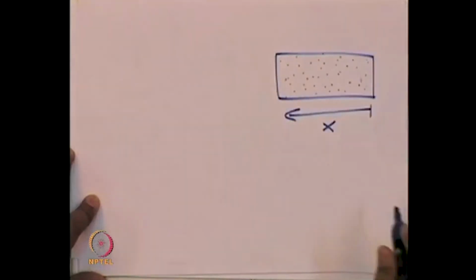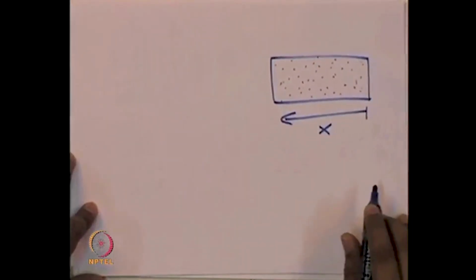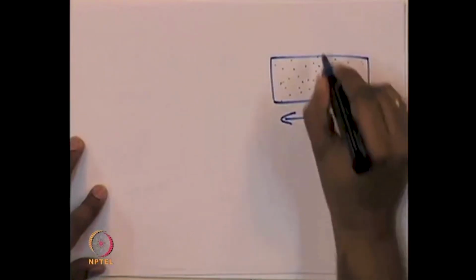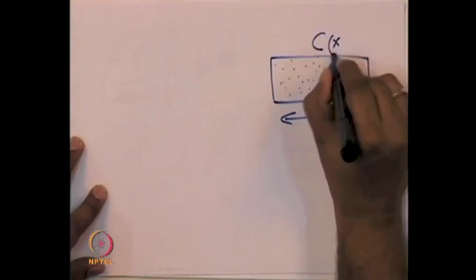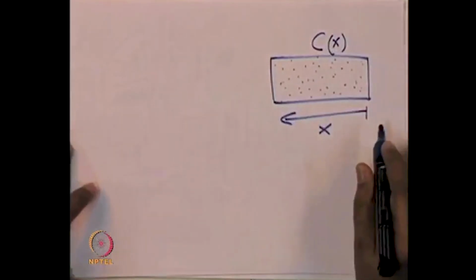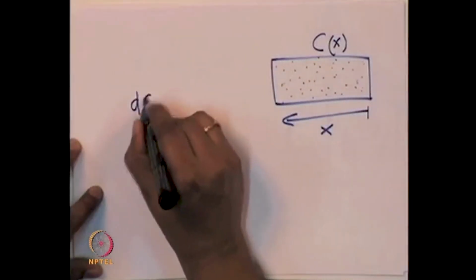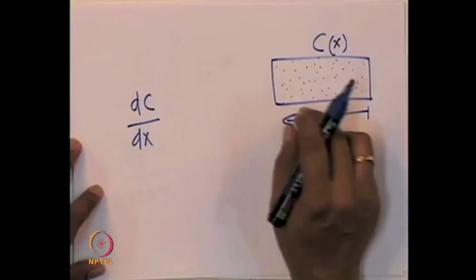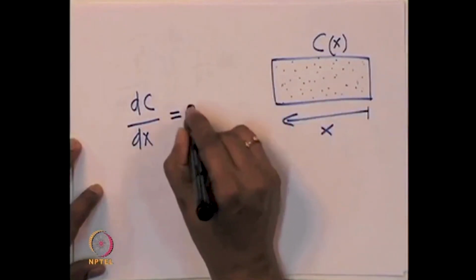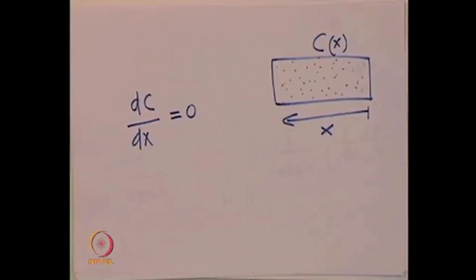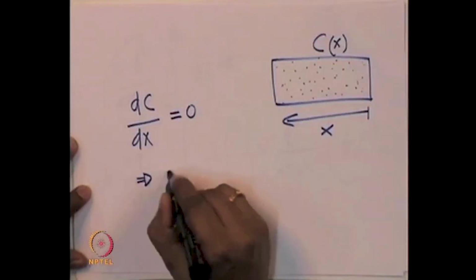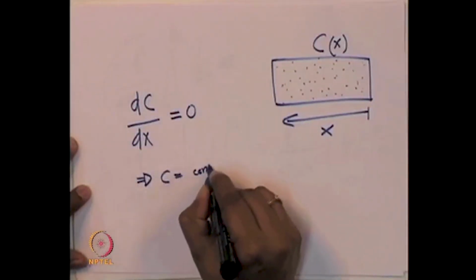In that case, what you want to say is that the concentration does not change with x. If C as a function of x does not change, that means dC by dx, the change in C when you change x, is 0. That means the concentration does not change.